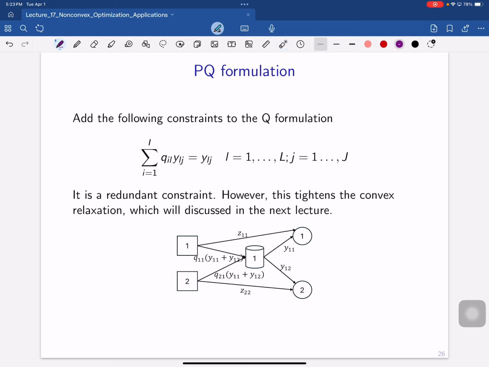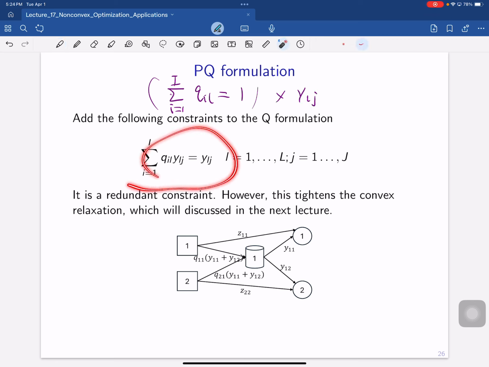This is a very trivial constraint because you have the summation of I from 1 to I of Q equals 1. So you multiply this constraint by this Y_LJ variable, and then you just get this constraint. So you did nothing here.